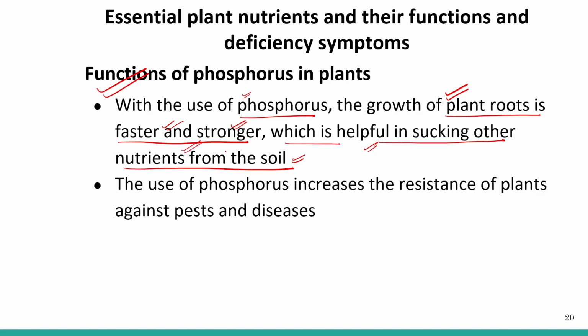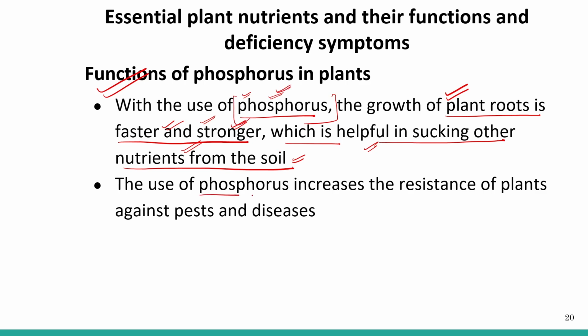As we all know, roots are very important for the absorption of water and minerals. So if the roots are not stronger and growth is affected, then they cannot absorb the water as well as the other important nutrients properly. So for this, phosphorus is very, very important.